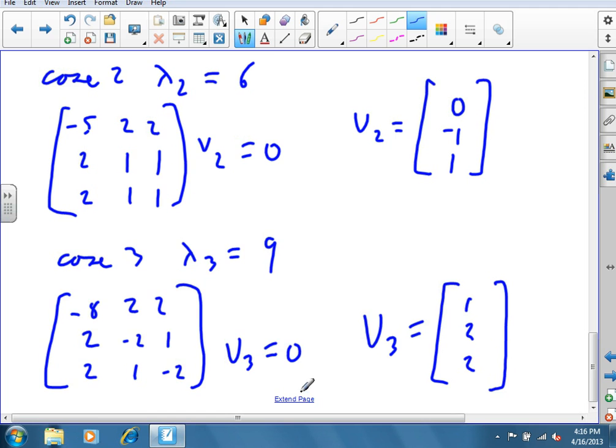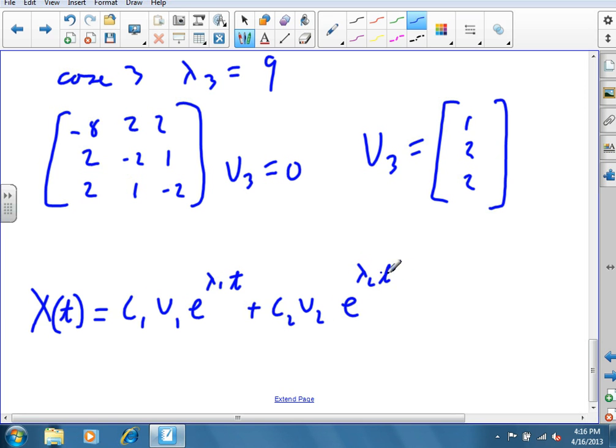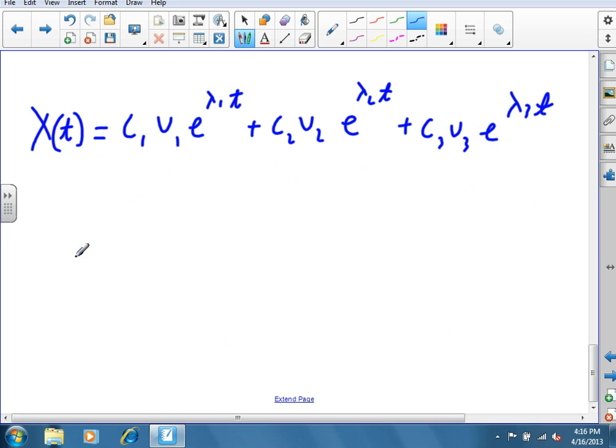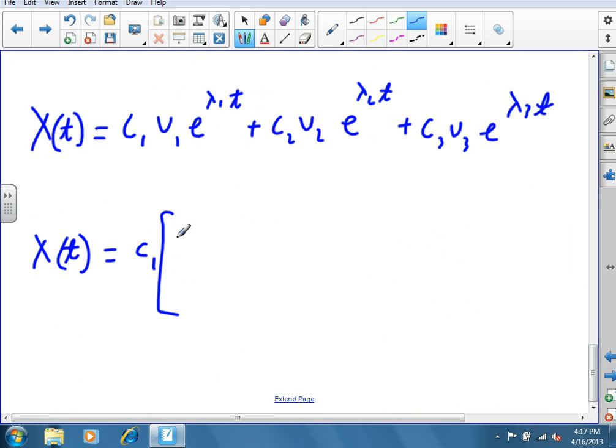And now I'm going to write that x of t is equal to C1 V1 e to the lambda 1 t plus C2 V2 e to the lambda 2 t plus C3 V3 e to the lambda 3 t. And I'm going to rewrite that. X of t is equal to C1 times V1, which was minus 4, 1, 1.